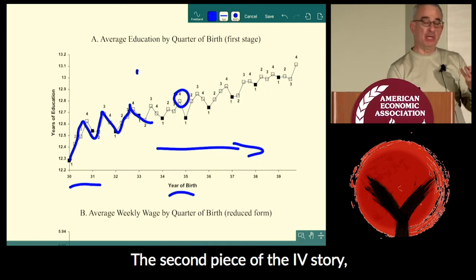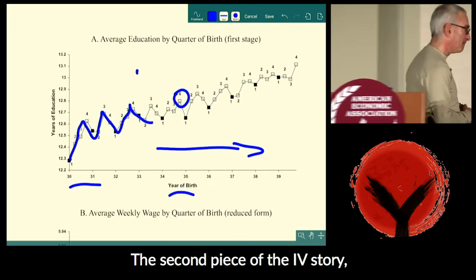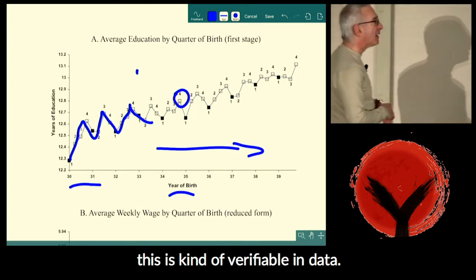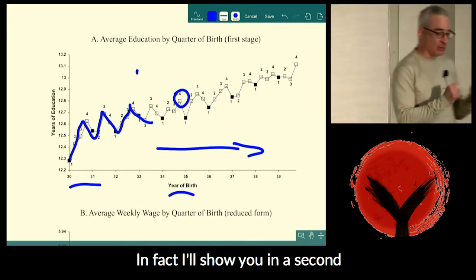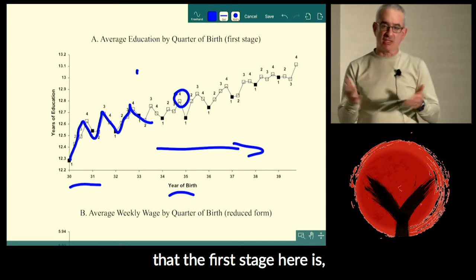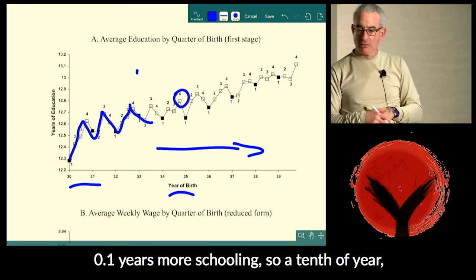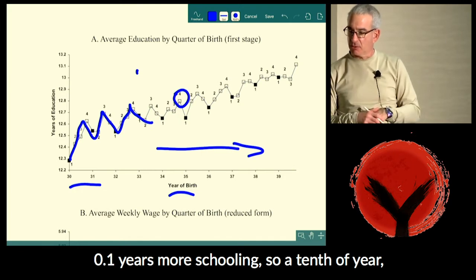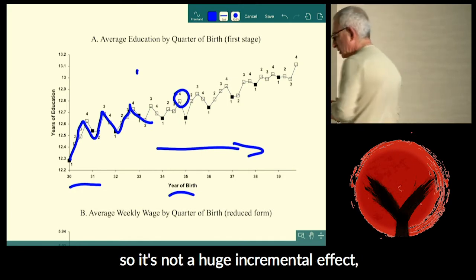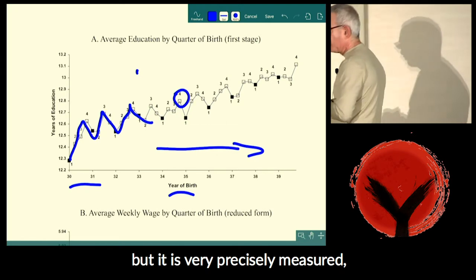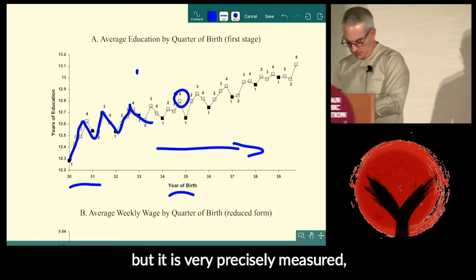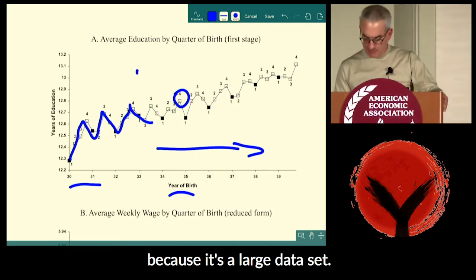The second piece of the IV story, this is kind of verifiable in data. In fact, I'll show you in a second that the first stage here is, late quarter births get about 0.1 years more schooling, so a tenth of a year. So it's not a huge incremental effect, but it is very precisely measured because it's a large data set.